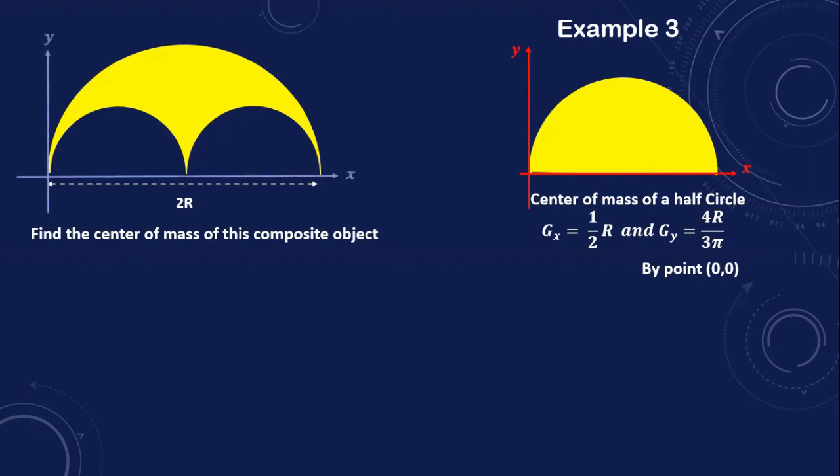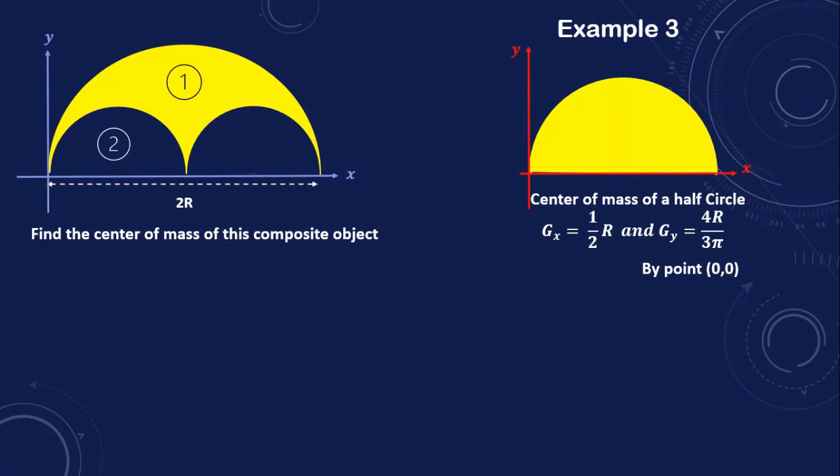Okay, now we go to the question. By drawing the xy axis on this composite object, we found there are 3 objects here. A big half circle, that is the yellow half circle. The second one is the empty object.